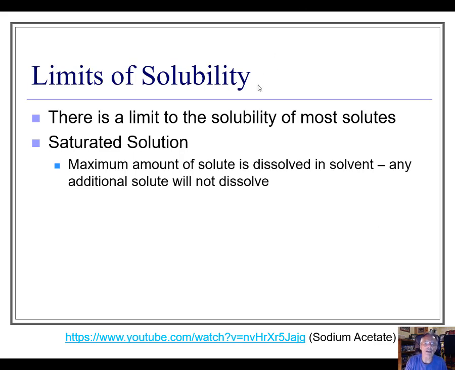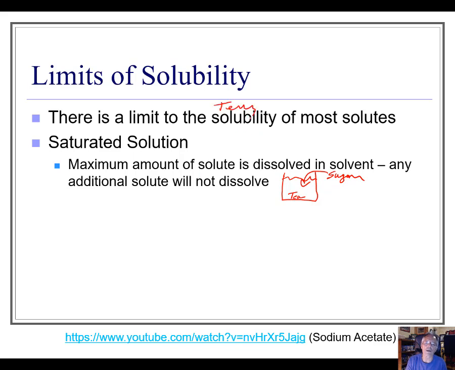I used to do this when I was a youngster. We had big containers of iced tea in the refrigerator, and I'd come home and start to put sugar in it. Now, remember that solubility is temperature dependent.